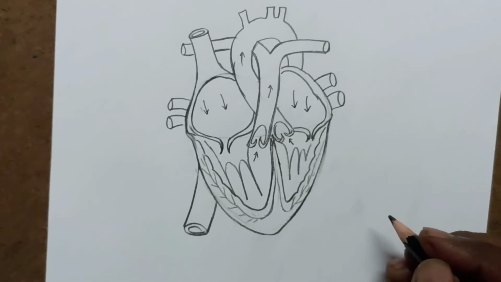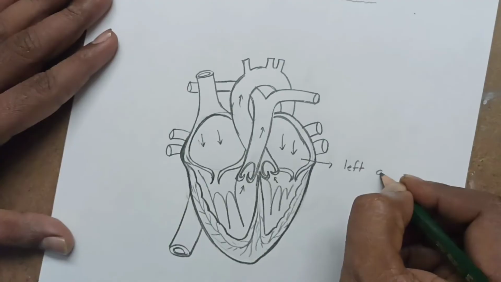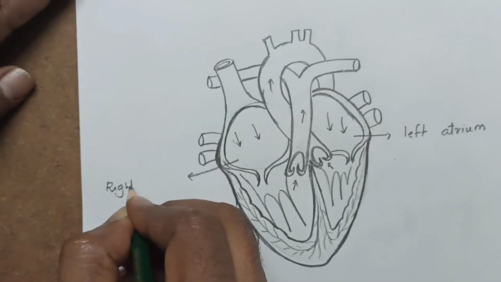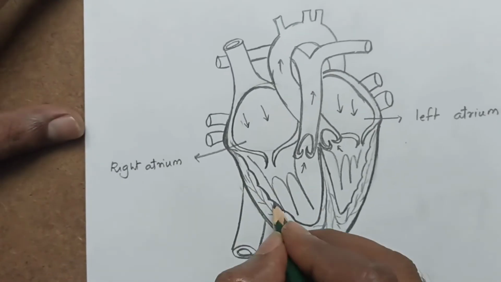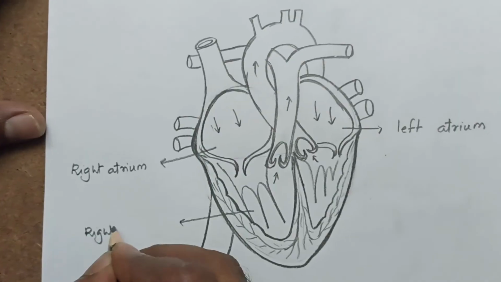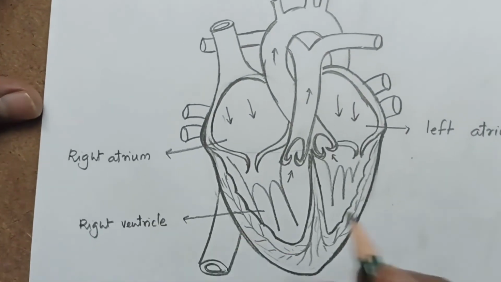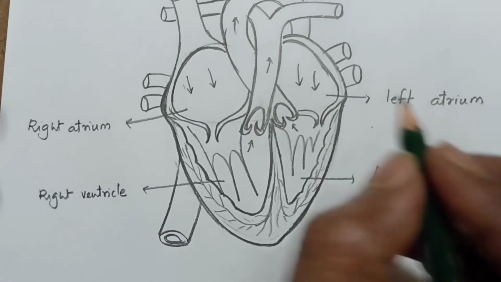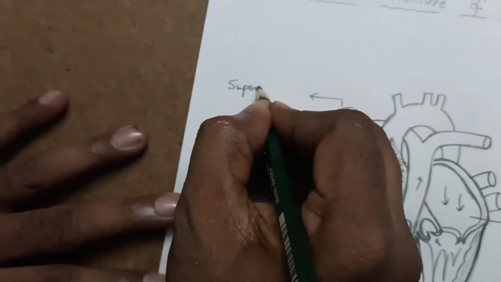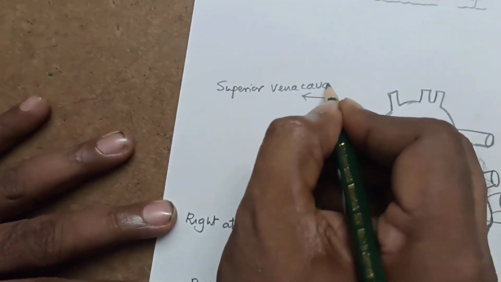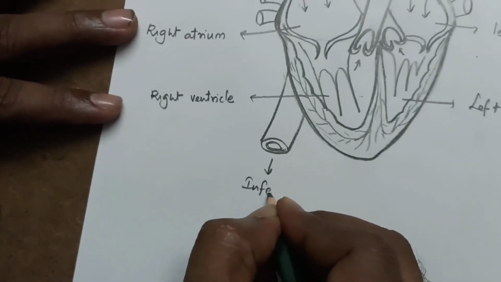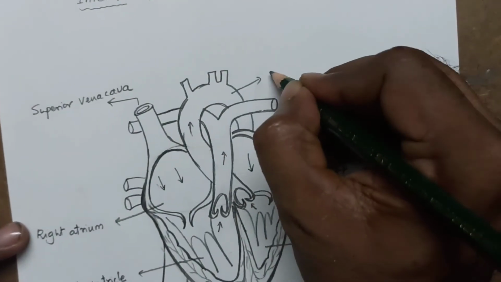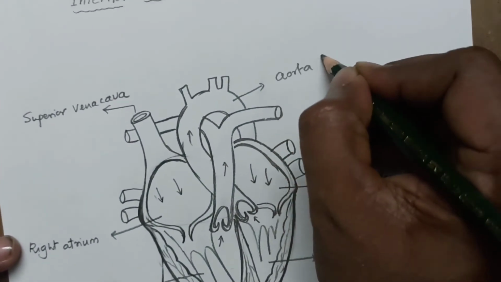Now we go for the labeling. It is the left atrium, right atrium, right ventricle, left ventricle, superior vena cava, inferior vena cava, aorta, systemic aorta.